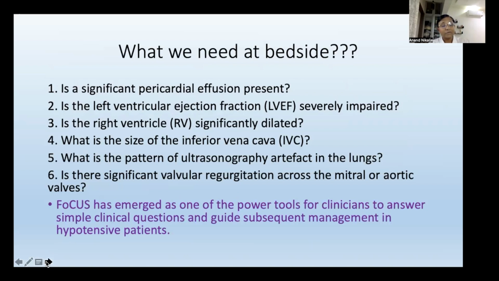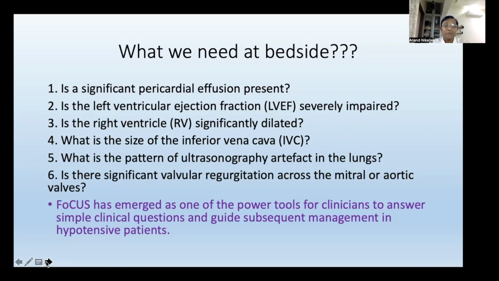So when we deal with a patient who has hypotension and shock, we need to answer a few important questions at the bedside. Whether there is a significant pericardial effusion or not, whether the patient's left ventricular ejection fraction is severely impaired or not, whether the right ventricle is significantly dilated, what the size of the IVC is and whether its collapsibility with inspiration and expiration is more than 50% or not, and what the pattern of ultrasonography artifact in the lungs is. The lung has become a very important organ which can be screened by USG at the bedside.